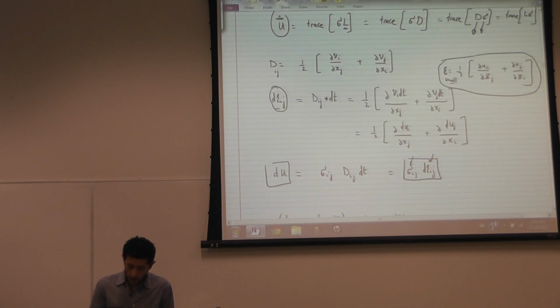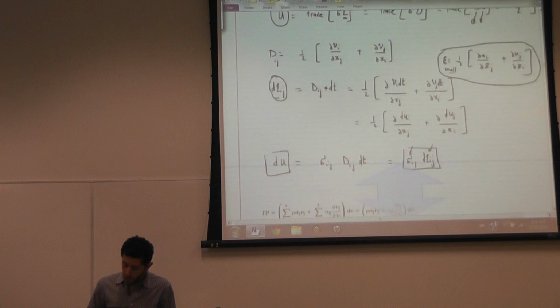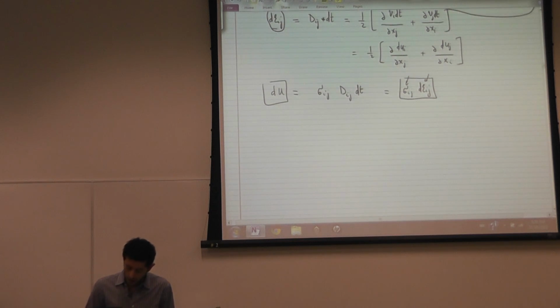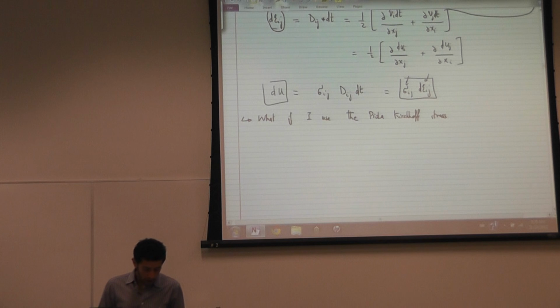Now you can use other forms of stresses. Let's say, what if I use the Piola-Kirchhoff stress? The Cauchy stress sigma was equal to 1 over J F P transpose.